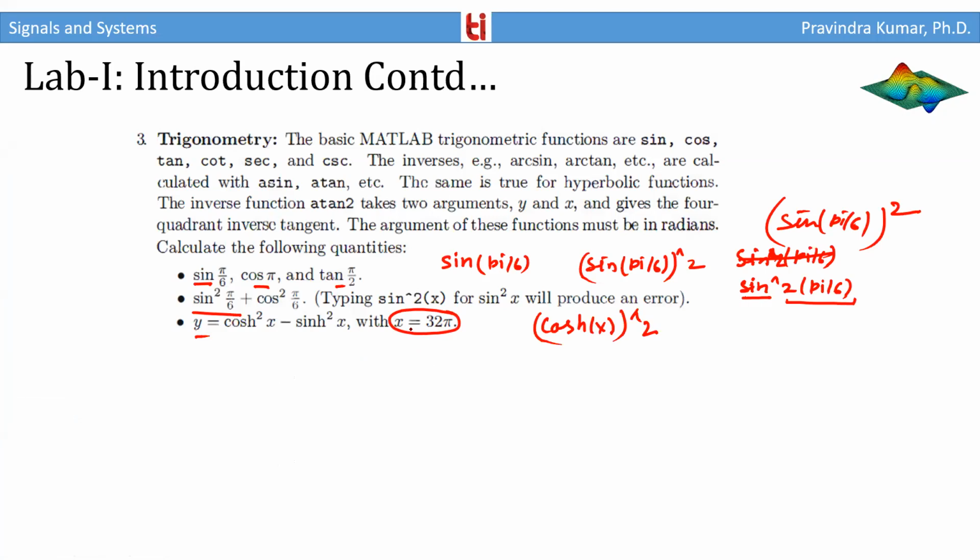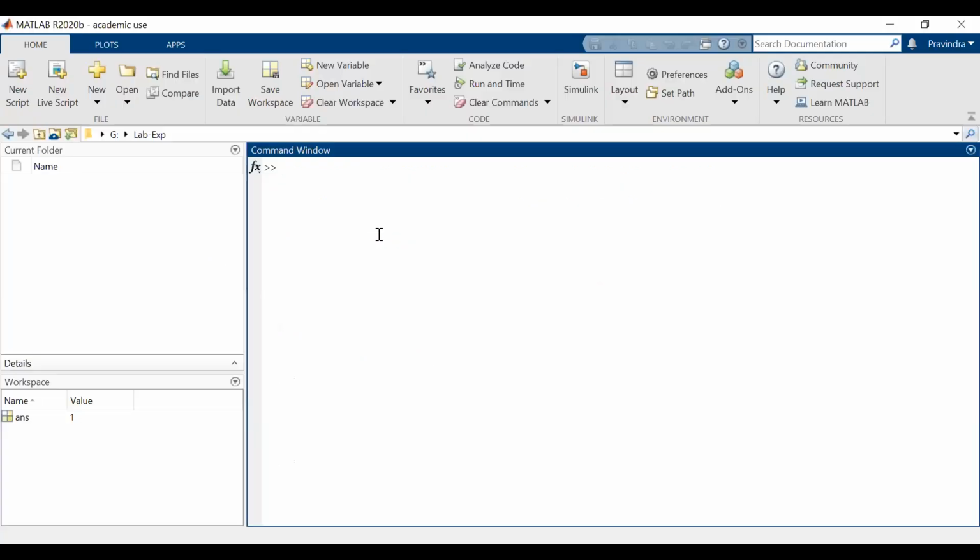So first of all you have to define x, or you can directly write the value of x here. Maybe you can first define x. x is equal to 32 into pi. So you have defined the value of x.